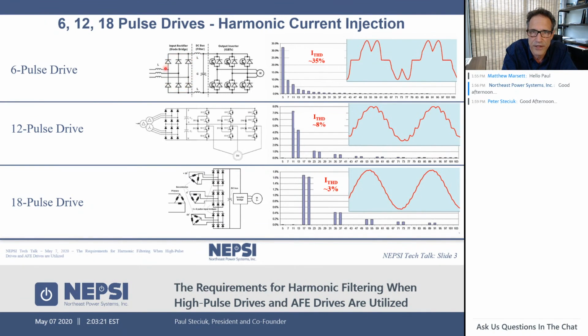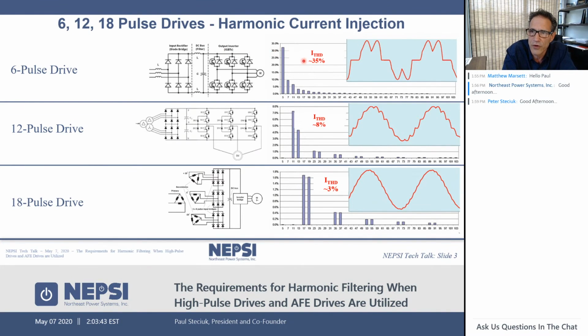A bridge rectifier, when it's a 6 pulse drive, is the simplest form of drive. You can count that there's 6 diodes here. This diode bridge converts AC to DC and puts it onto the DC bus. From there we have an inverter that converts it back to AC, and therefore we can control the speed of the motor and also the torque of the motor.